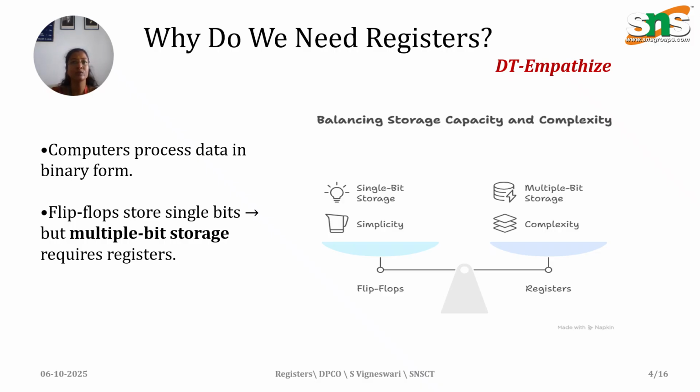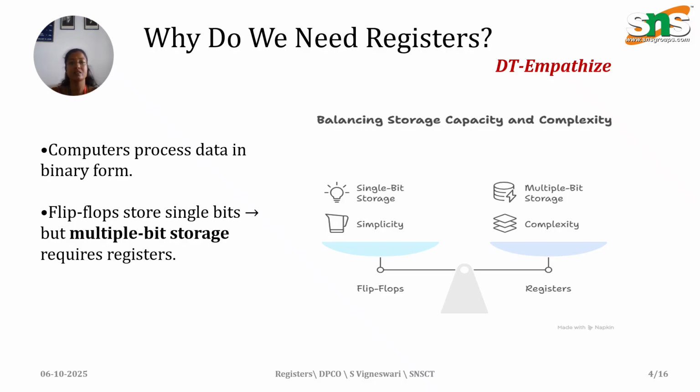Where do we store this bulk data? For that we need registers. Since a flip-flop stores only a single bit, multiple bit storage requires proper registers, and the registers should also be synchronized with the clock pulse.